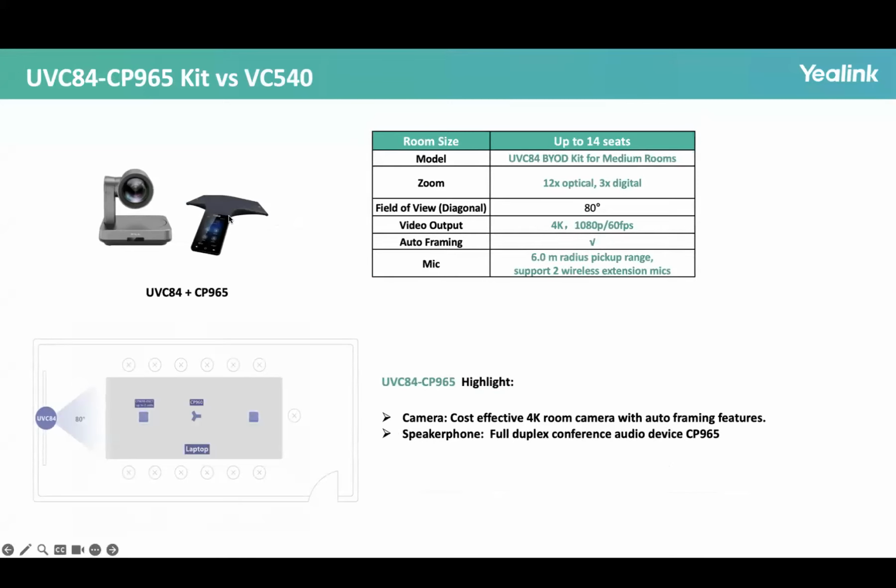So if you're having a SIP call also, you can have that from the CP965. So again, Yealink has made it so easy to mix and match products. And again, it will only work based on the ones that are compatible with each other. So to know more about that, let us know so that we can advise the right models for the right cameras.